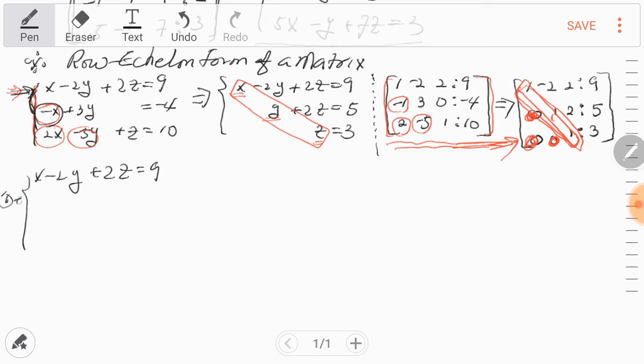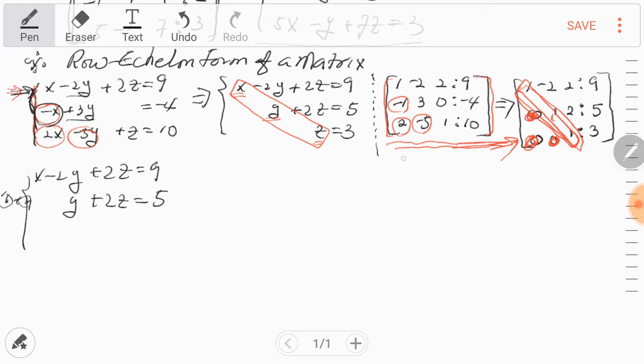So 1 plus 2, first equation plus the second equation. Then x is removed. Negative 2y plus 3y is just y. And 2z plus 0 is 2z. 9 plus negative 4 is 5. So this is the second equation.